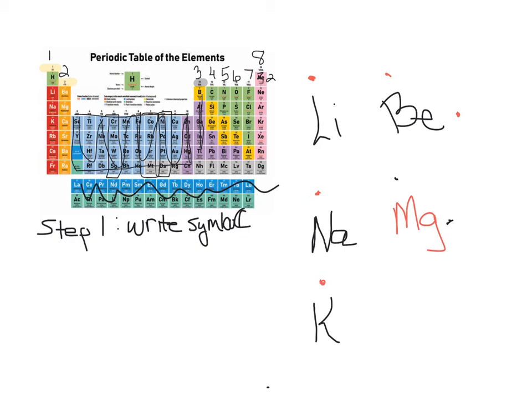Let's skip over to nitrogen. Group 15, 5 valence electrons. We start first by drawing the symbol for nitrogen, which is N. Then we will draw the 5 valence electrons, which is 1, 2, 3, 4.